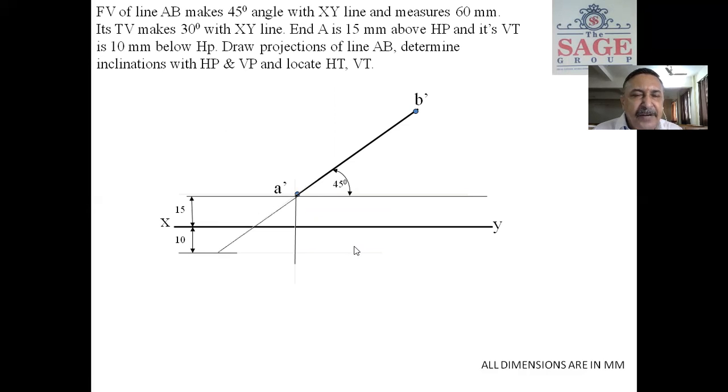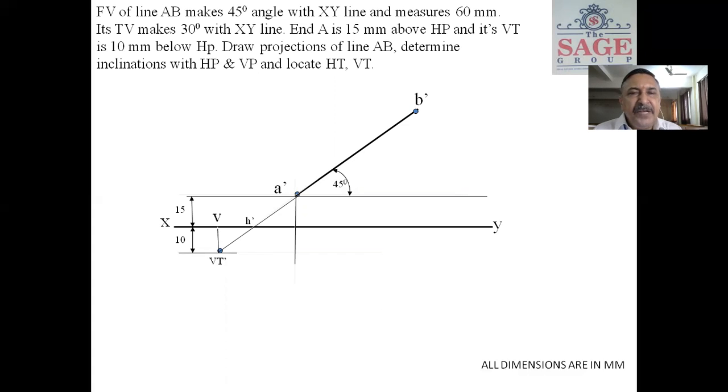So we extend the front view and get a point H dash on the XY line, and VT. So these 2 points we have found. Now project VT on the XY line. We get a point V.